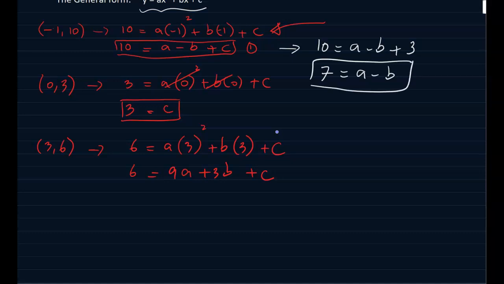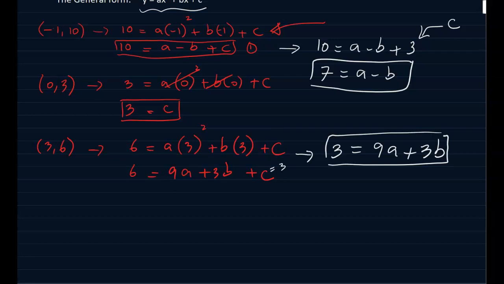Very good. We already have c equal to 3. That's what we are using up here. This is your c that we got. And the last one, we have to put c equals 3 here. So our last equation will be 3 equals 9a plus 3b.